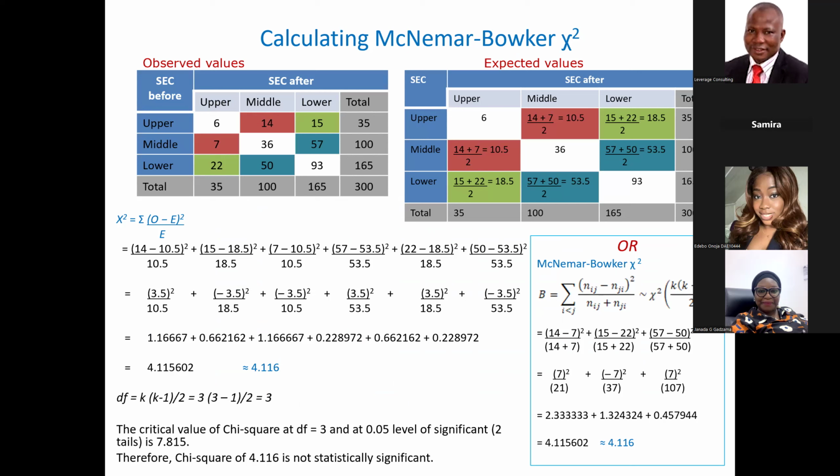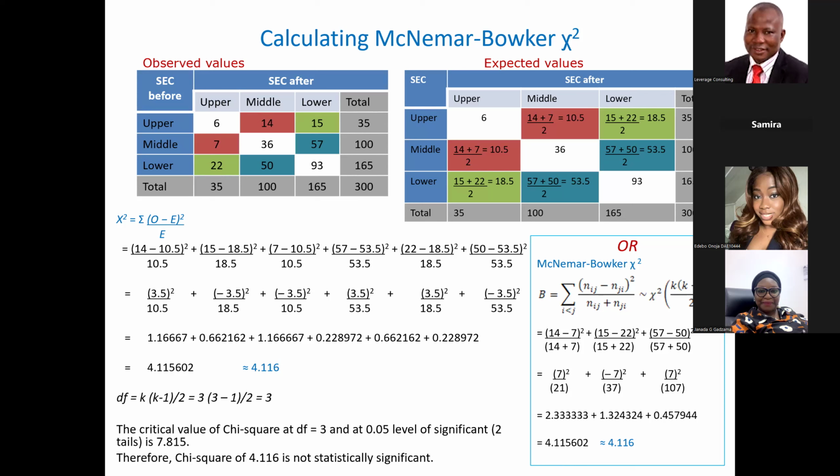For example, for this cell, the red, what is the difference between 14 and 17? 14 minus 17, look at it on the lower right. 14 minus 17 squared over 14 plus 17. Plus, you do it for the other pair: 15 minus 22 squared over 15 plus 22. Then plus 57 minus 50 squared over 57 plus 50.